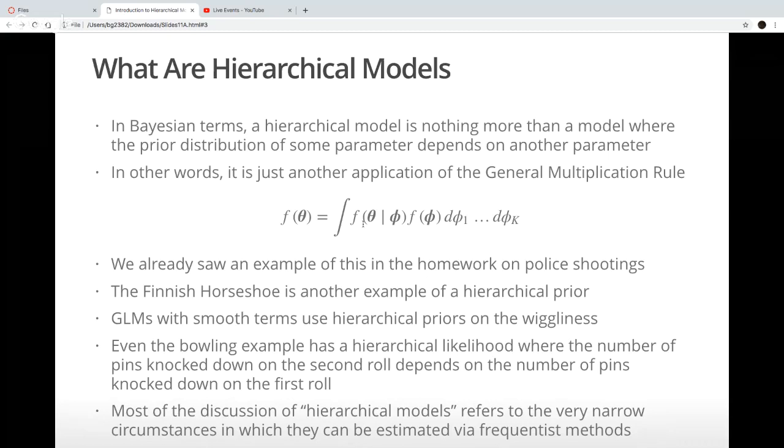So, we can't really do these integrals analytically in very many cases. But the MCMC equivalent of doing one of these marginalizations of a big distribution into a smaller distribution is just to draw from the joint distribution of everything. And if you don't care about something, then don't look at it.